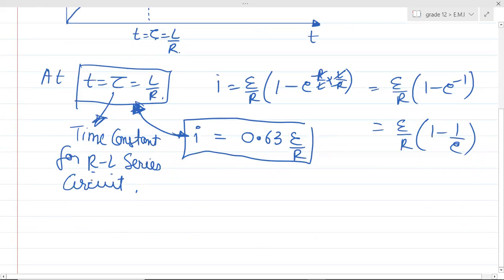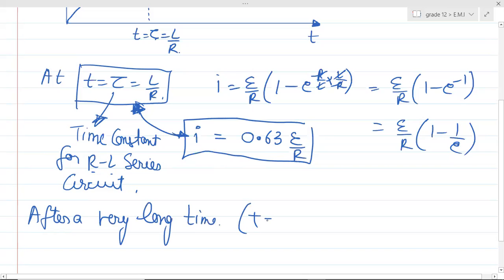Okay. Now, if I talk about after a very, very long time, after a very long time, which is, let's say, approximately 5 times tau, the current is equal to E by R into 1 minus e to the power minus 5.